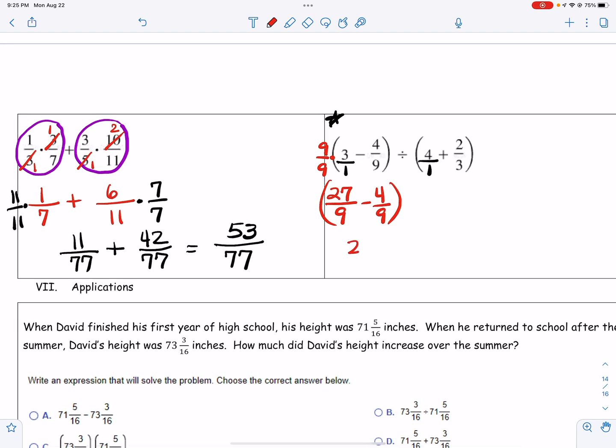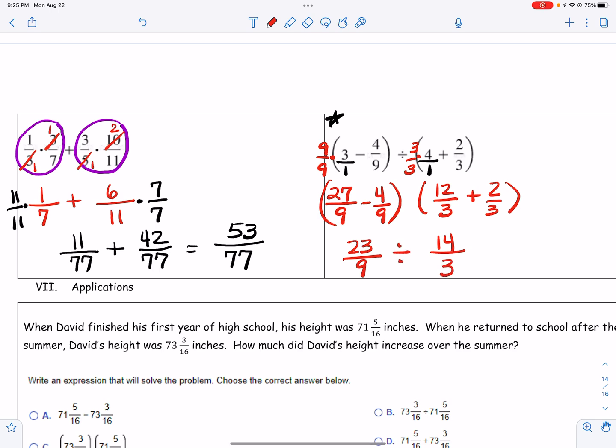So that gives me 23/9. Then I've got to multiply this fraction by 3/3. So that gives me 12/3 plus 2/3, which is 14 thirds, not 13th, sorry, 14 thirds.